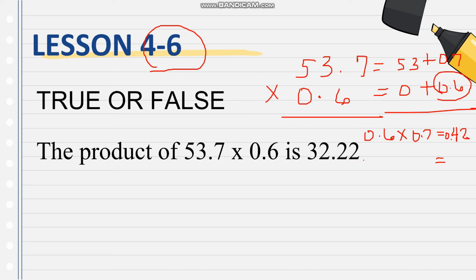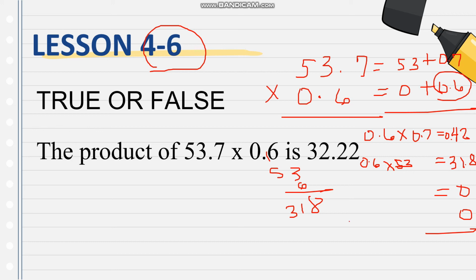Then 0.6 multiplied by 53. What is 53 multiplied by 6? That is 18, regroup 1. That is 30, 31. So we have 318. Then you have one decimal point, so the answer is 31.8. Since this is 0, 0 times 0.7 is 0, and 0 times 53 is 0.